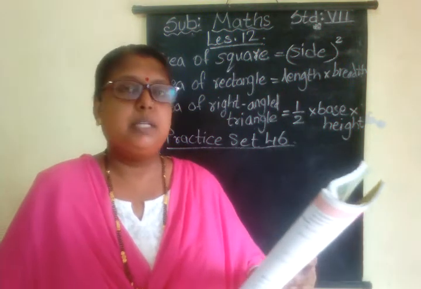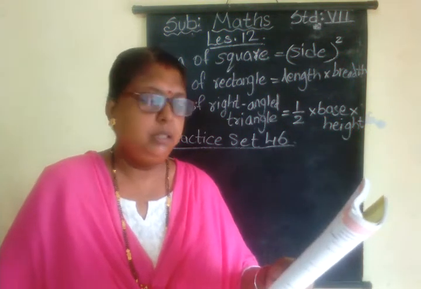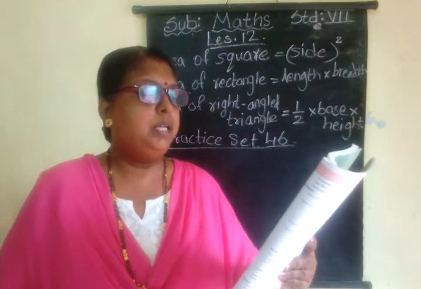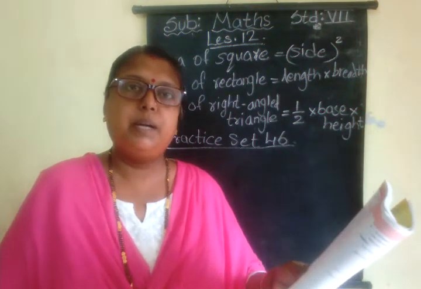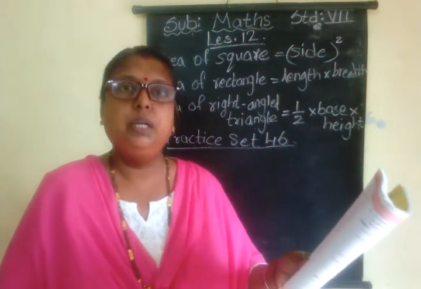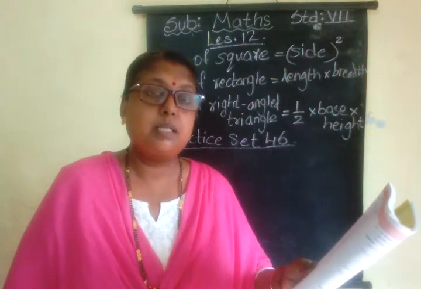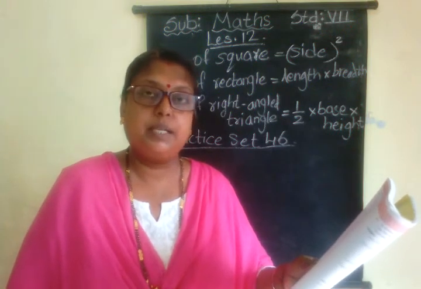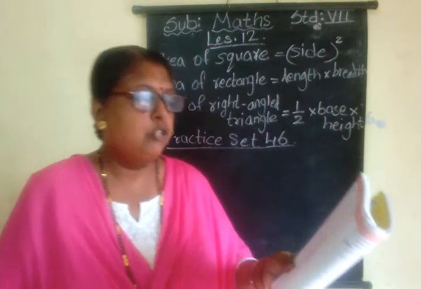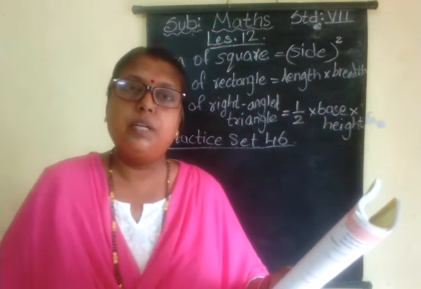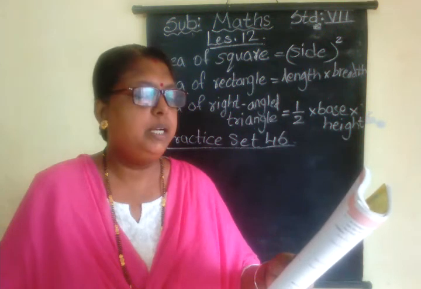So 45 centimeter long means it is the length of that page, and 26 centimeter wide means it is the breadth of the page. That means the shape of the page of the calendar is rectangle. So using the formula of area of rectangle, we will calculate its area.